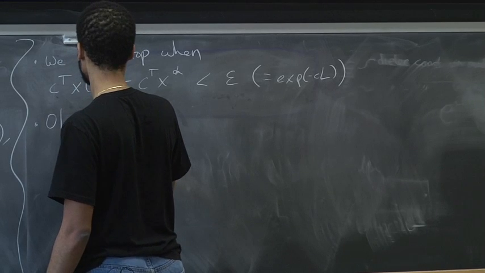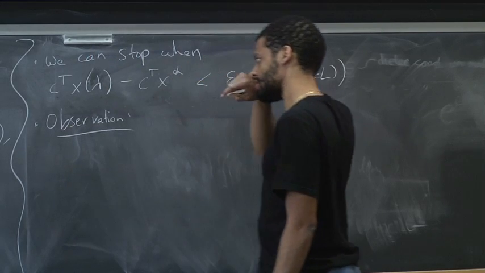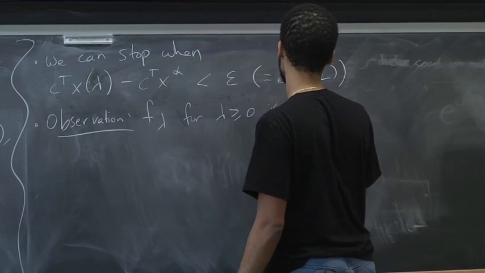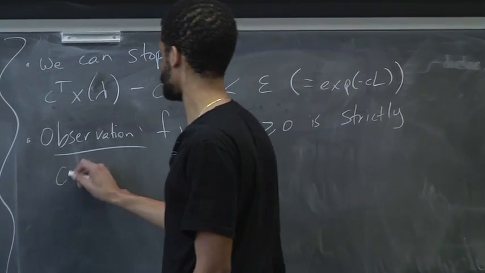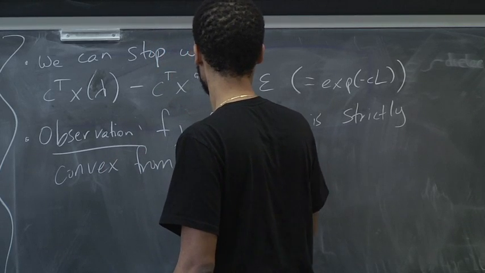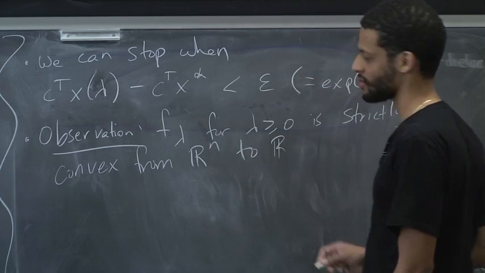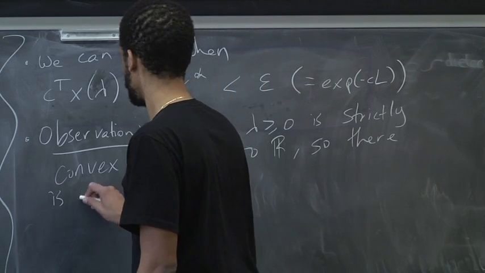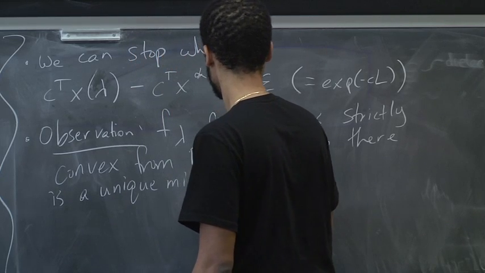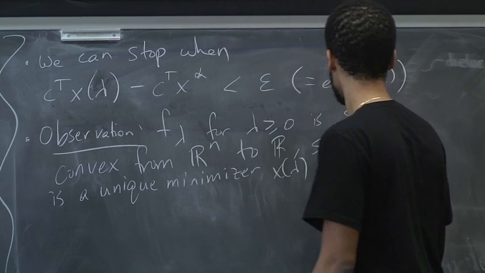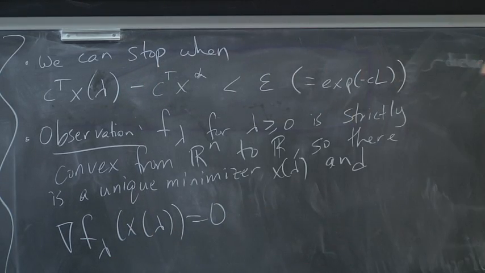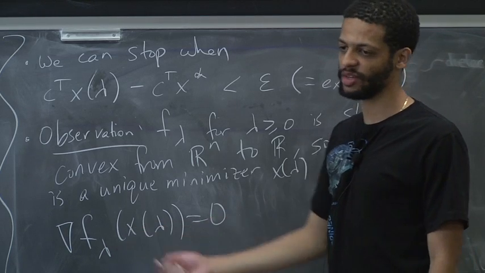One observation, and this is now calculus, is that f lambda for lambda greater than 0 is strictly convex as a function of the x's from R^n into R. So there is a unique minimizer x of lambda, and the gradient of f sub lambda at x lambda will be 0.